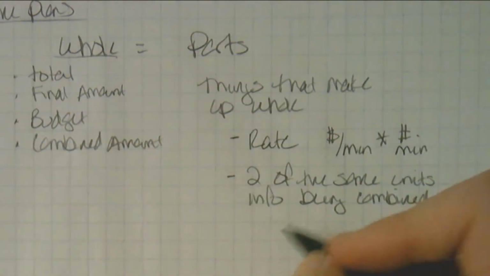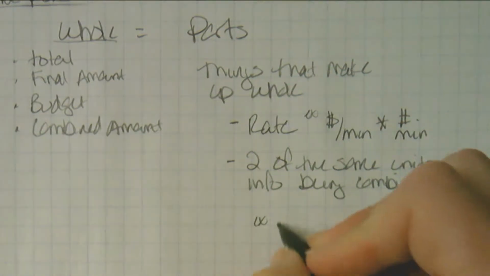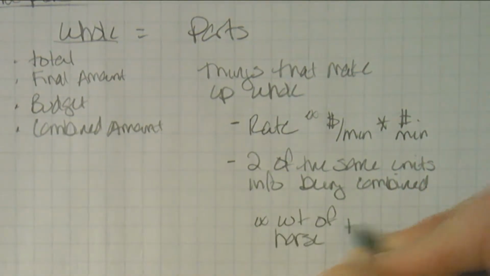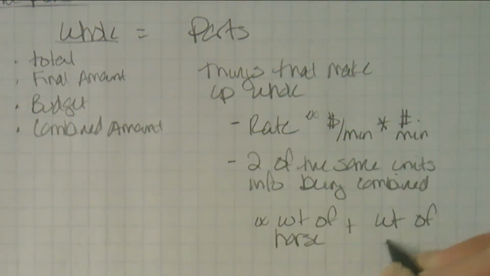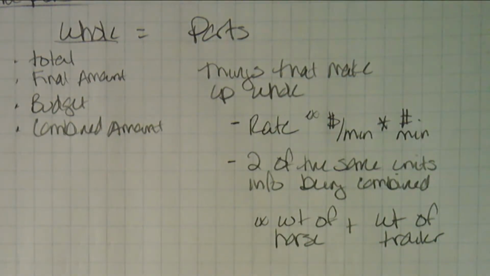So an example of that might be the weight of the horse plus the weight of the trailer. I'm giving you some examples for a one-step equation of what those parts might look like that you're combining together. Are you guys with me so far? Questions so far?